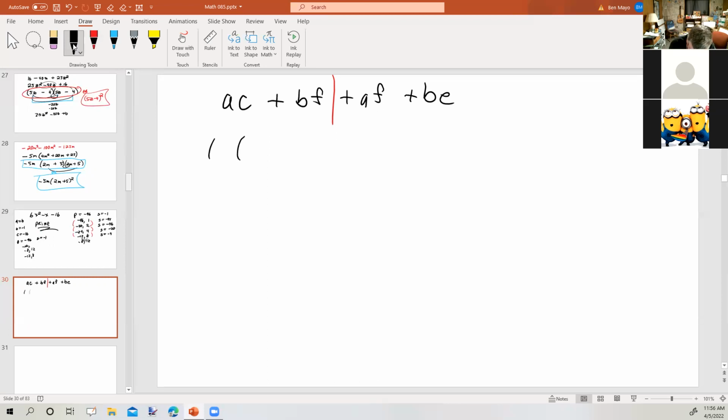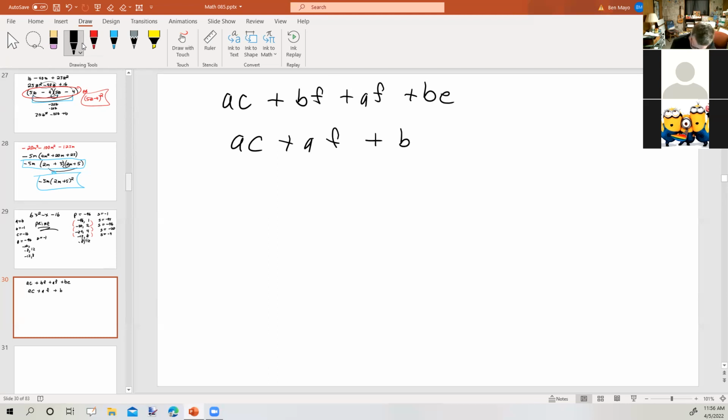So I could write it like this, I suppose. But then this would have to be that. That's not going to work, is it? Any suggestions? Could we rearrange it? Bingo. Let's go AC plus AF plus, how about this?